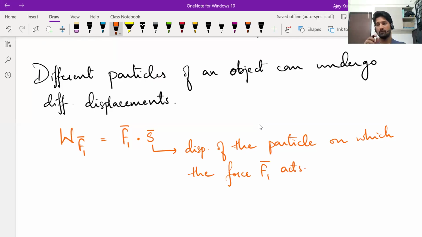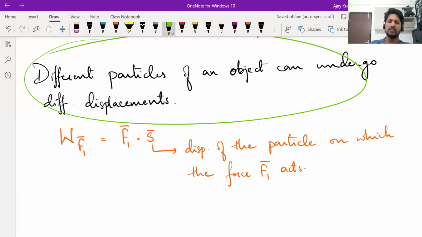So you have to see how the point of application of the force is getting displaced. Based on that, you can calculate work. But see, this happens in solid objects. Different particles having different displacements is possible in a solid object when the solid rotates.